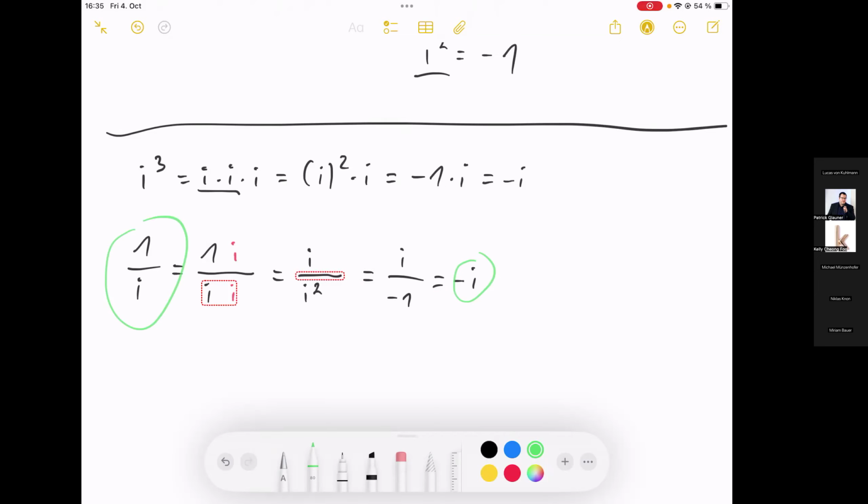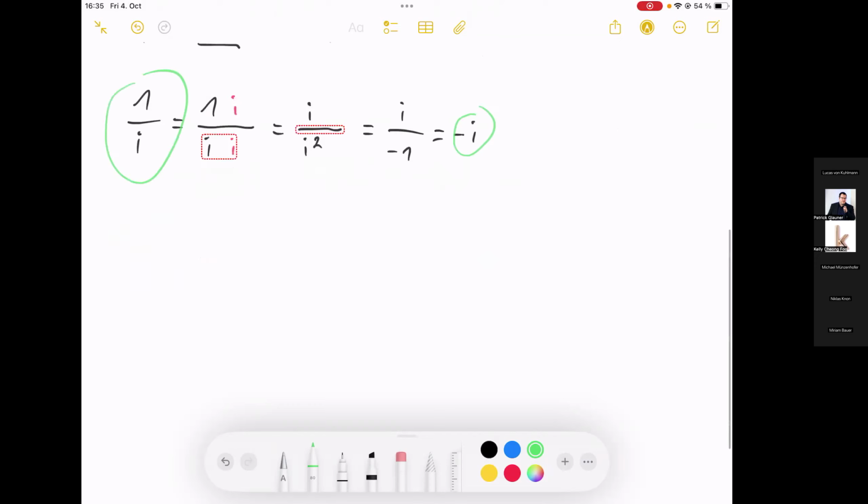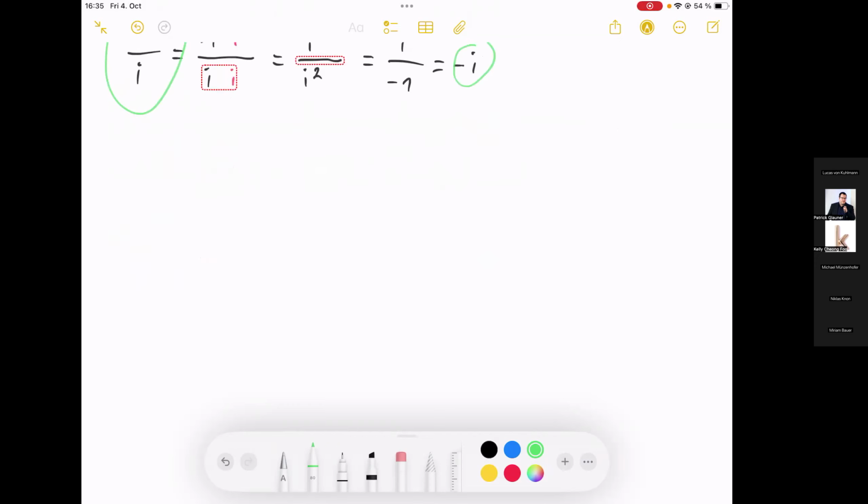Now we will come to a proper definition of complex numbers. And this is something I will show you again in the slide deck.